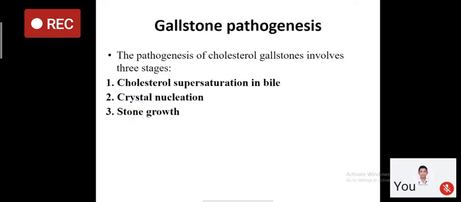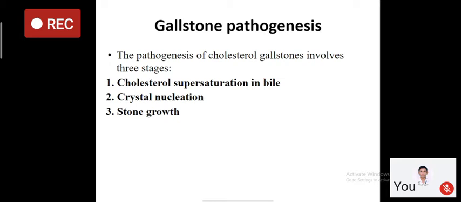Now coming to gallstone pathogenesis. The pathogenesis of cholesterol gallstone involves 3 stages. The first is cholesterol supersaturation in bile. Second is crystal nucleation. Third is stone growth.